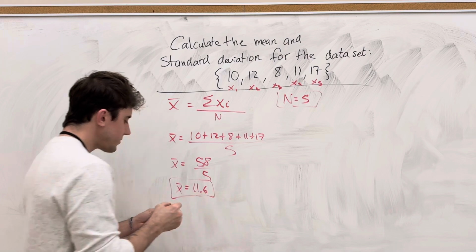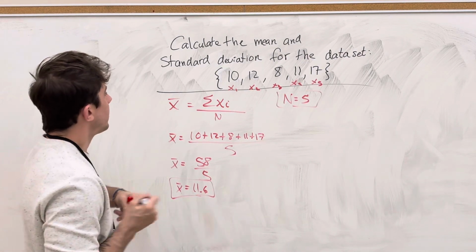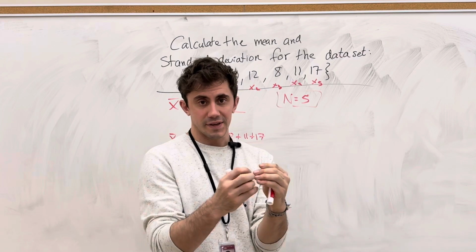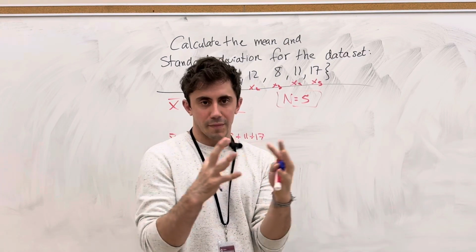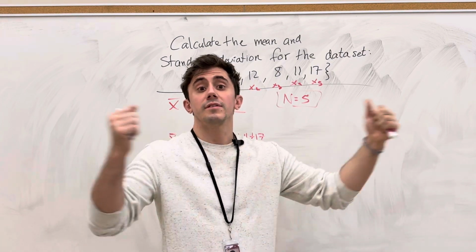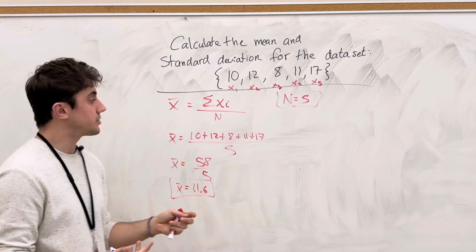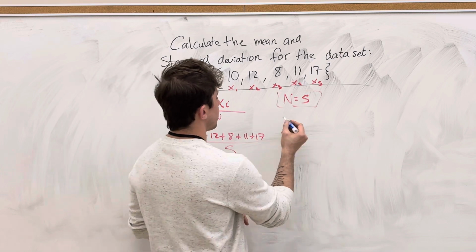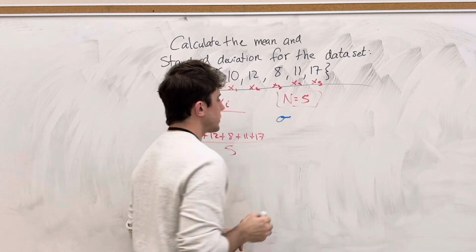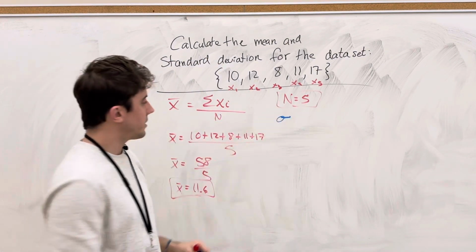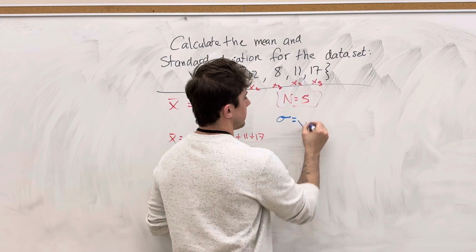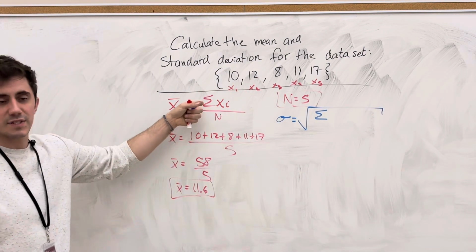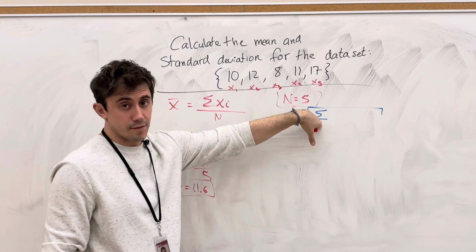Okay. Now, for the second part, our standard deviation, again, that is a measure of how spread out the data is from the mean, right? Are the data points all compact, nice and tidy around the mean, or are they fairly spread out? That's kind of a measure of the standard deviation. So, we denote our standard deviation by this sigma symbol, a little circle with a tail at the top, and this is the square root of, again, this sigma symbol comes into play again, which reads as the sum of.